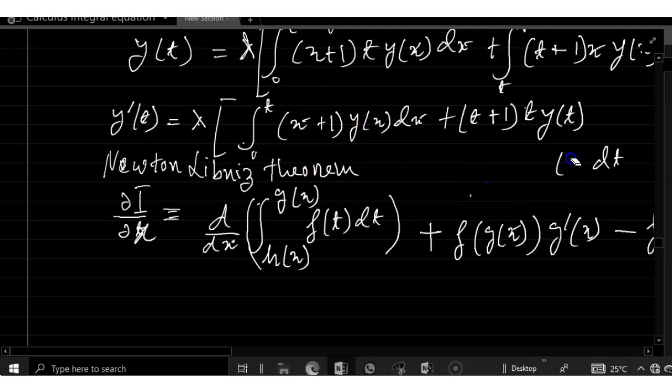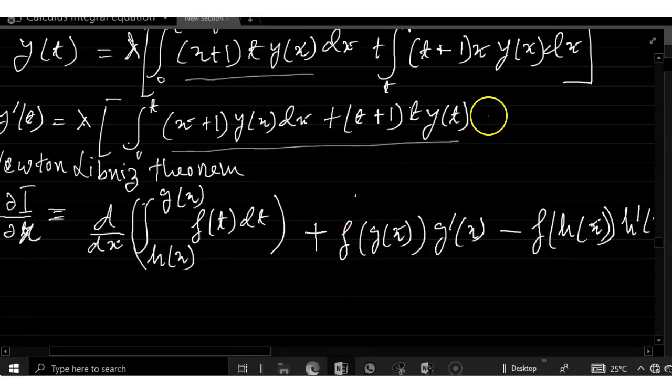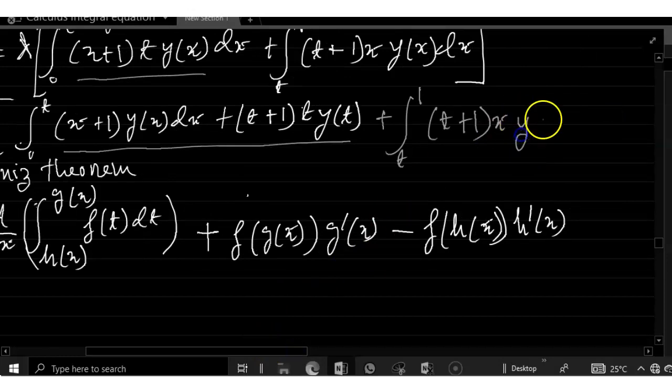I apply this formula in here. So I can write this equation in this way by the Newton Leibniz theorem, p2, 1 p plus 1 into x yx dx.